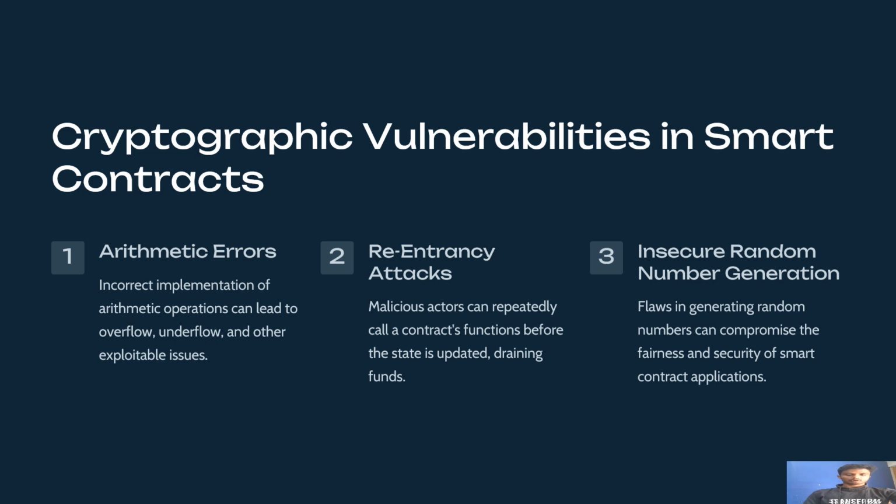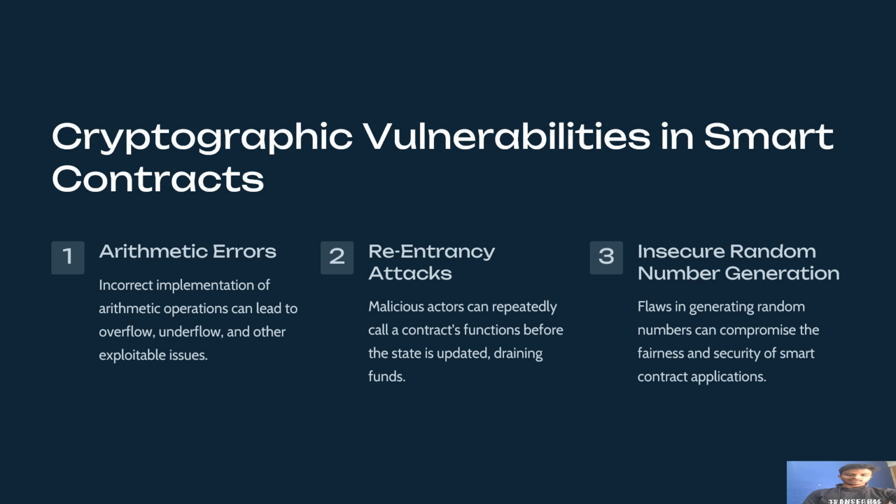Next are the cryptographic vulnerabilities in smart contracts. There are three: arithmetic errors, re-entrancy attacks, and insecure random number generation. Incorrect implementations of arithmetic operations can lead to overflow, underflow, and other exploitable issues.